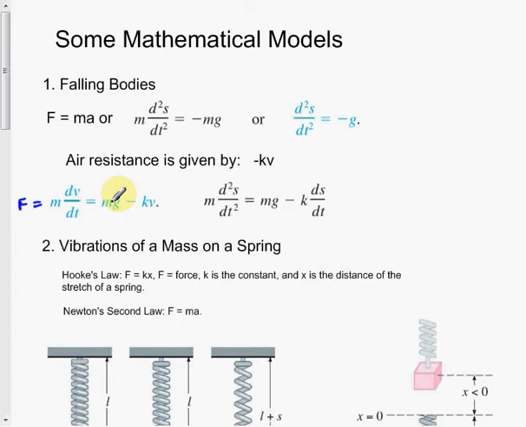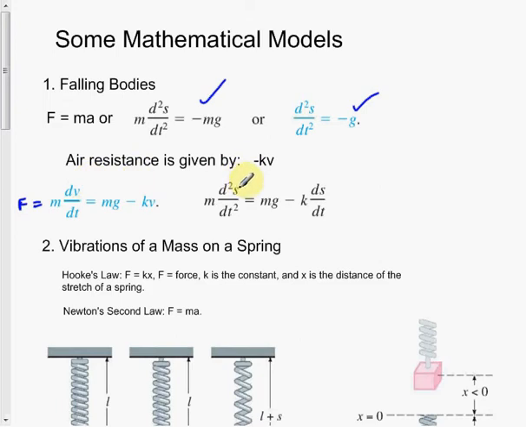Either one is fine. Minus the air resistance if there is any. If there is no air resistance, then we use this, which is the same as that, just without the mass. And these are just various ways of writing those equations, whether we use v as velocity or s as the so-called displacement.